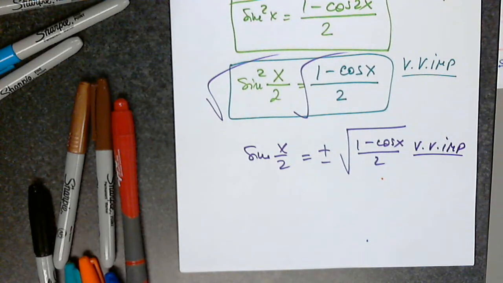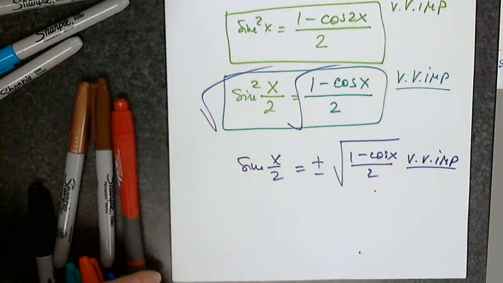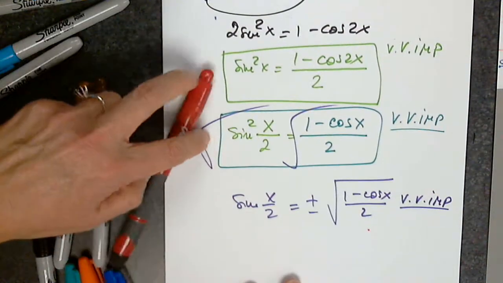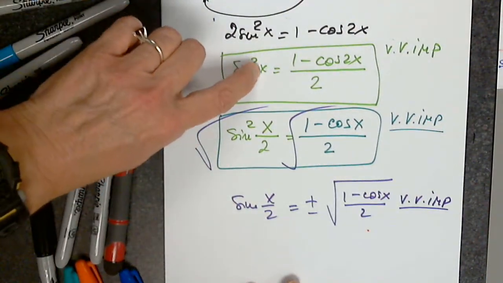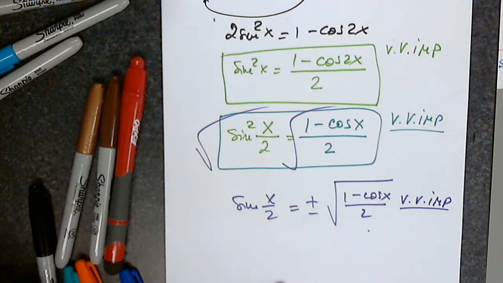They're all the same formula, actually. Just in the last one, I took the square root from both sides. And how did I get the second one from the first one? By replacing the angle x by x over 2. Therefore, 2x must be changed into x.